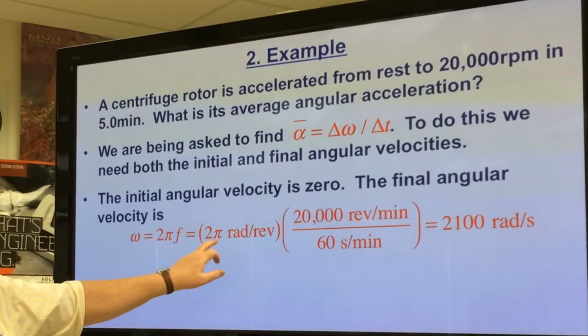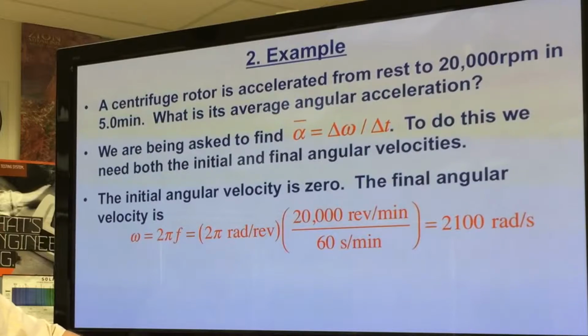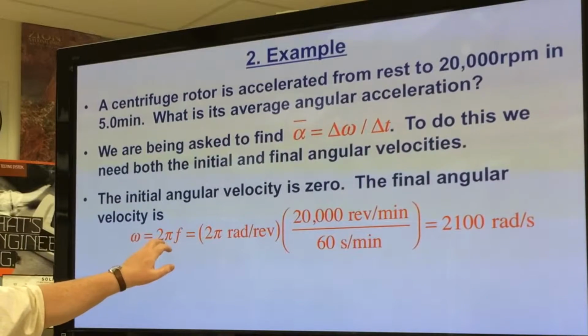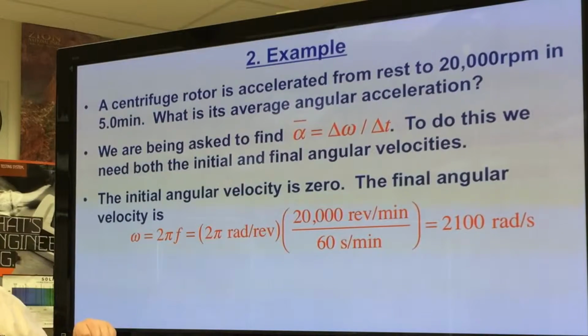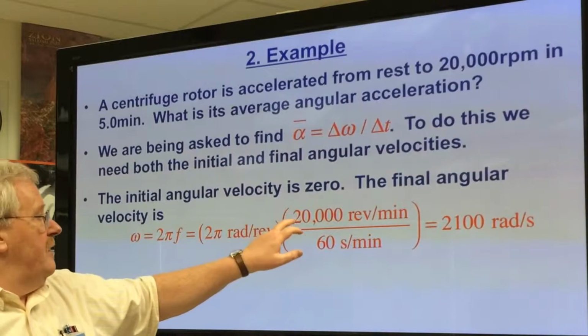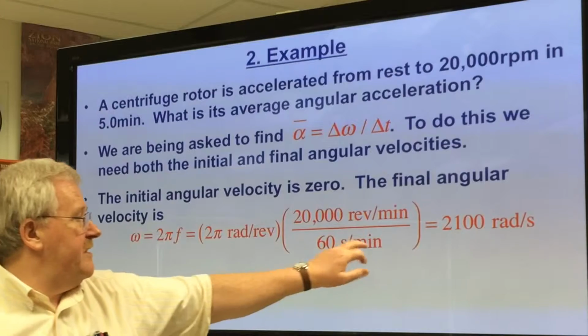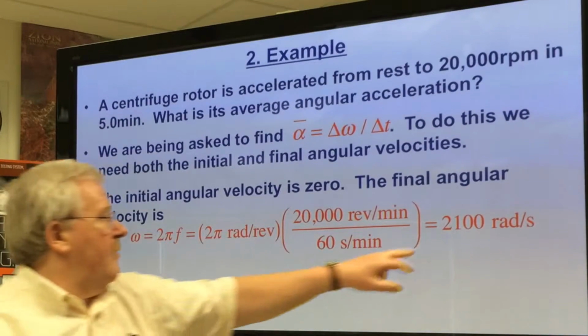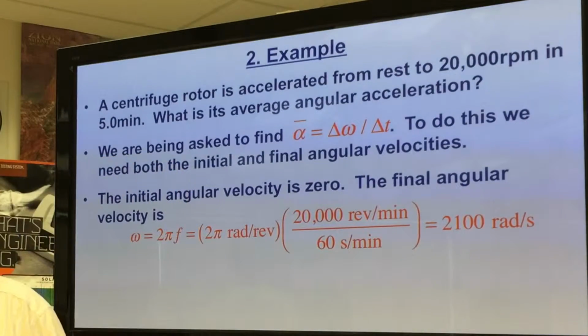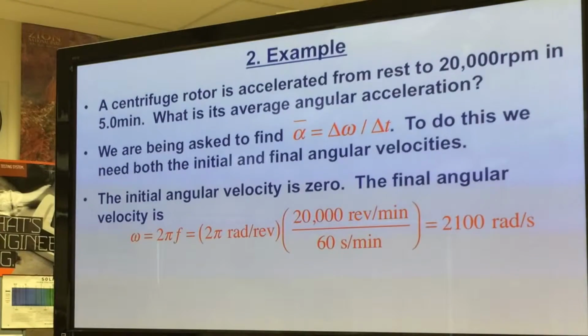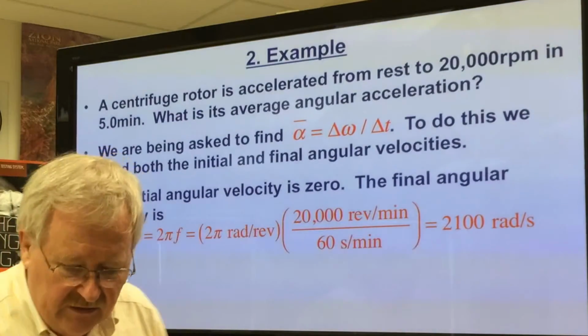That's 2 pi radians per revolution, right? That's what this is telling us. There's 2 pi radians per revolution times 20,000 revolutions per minute divided by 60 seconds per minute, and we end up with the correct units. It's actually about 2,090 radians per second if you do it exactly.